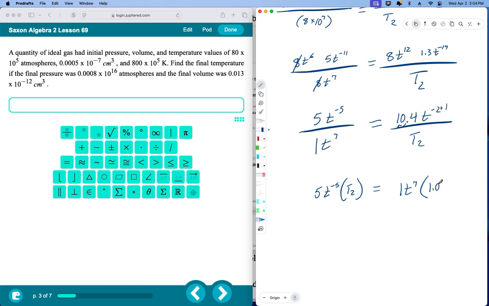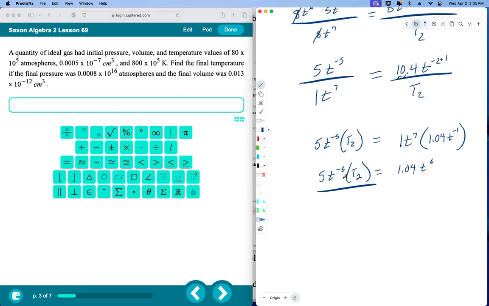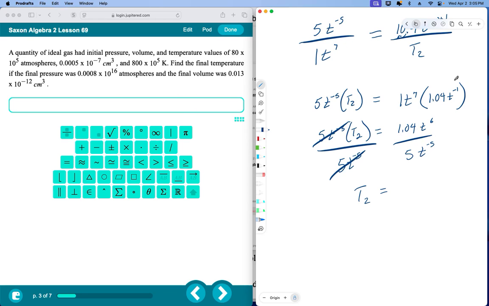So it's going to be 1.04 t to the negative 1. 1 times 1.04, just going to rewrite this right quick. 1 times 1.04 is 1.04. 7 and -1 combined together is a 6. So now I just need to divide both sides by this, 5t to the -5. This cancels this. So the final temperature is going to be 1.04 divided by 5.